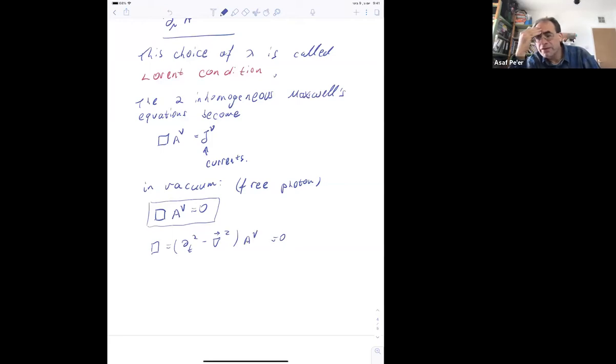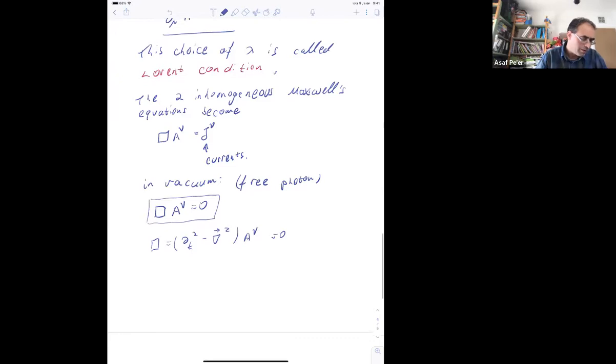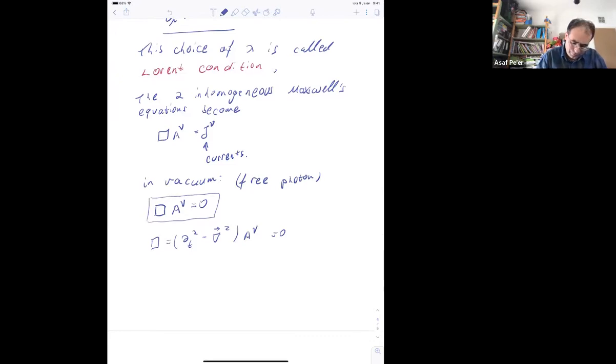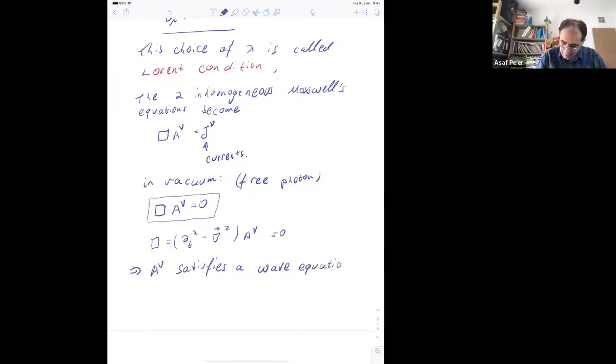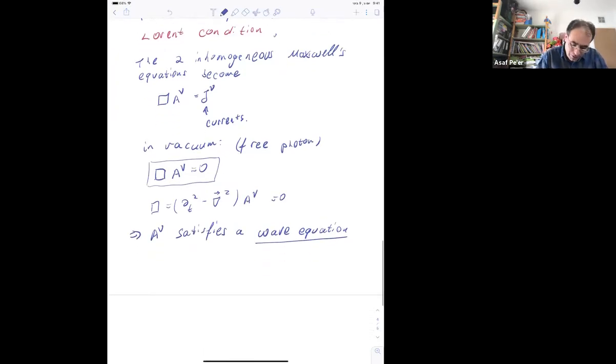What is the phase velocity of this wave? One. Exactly. It satisfies a wave equation with the speed 1. What is the speed 1 in real units?